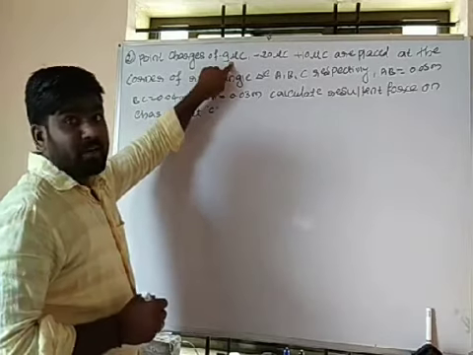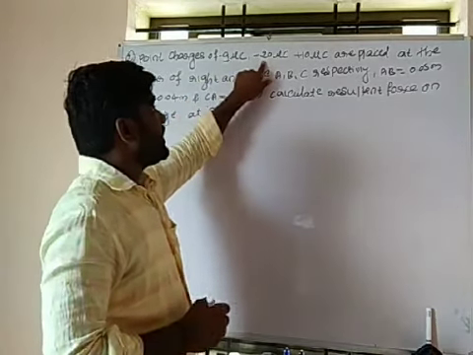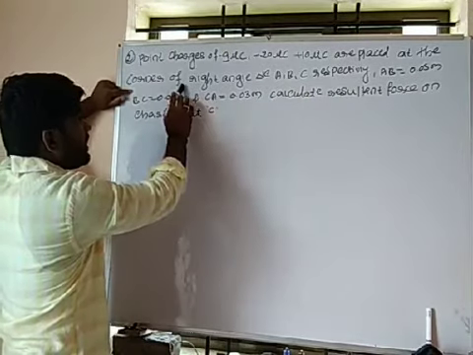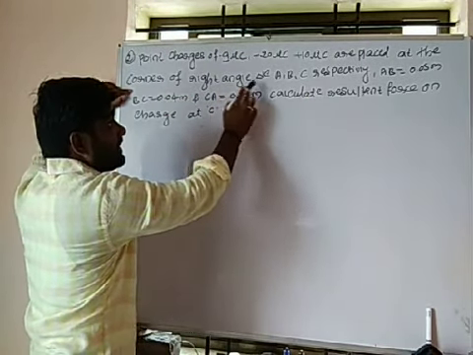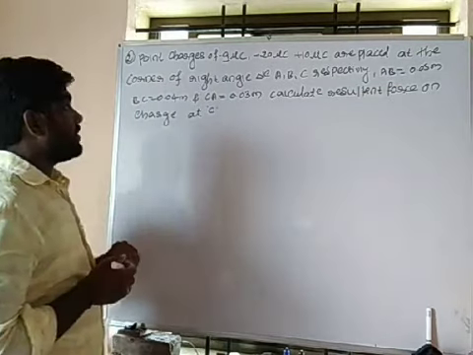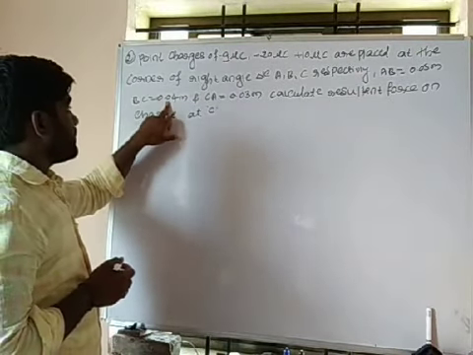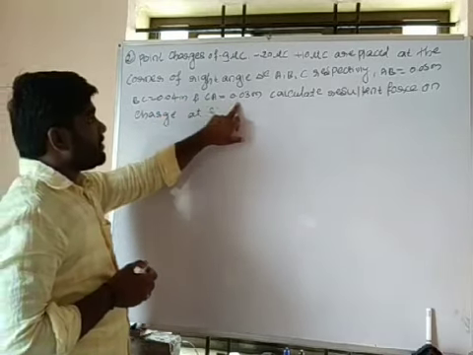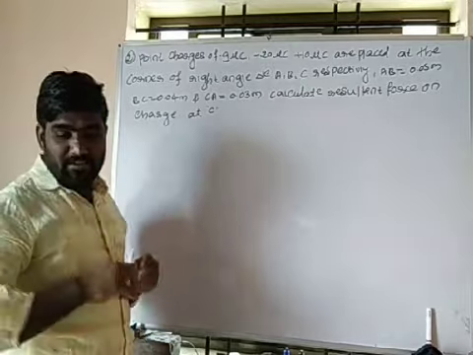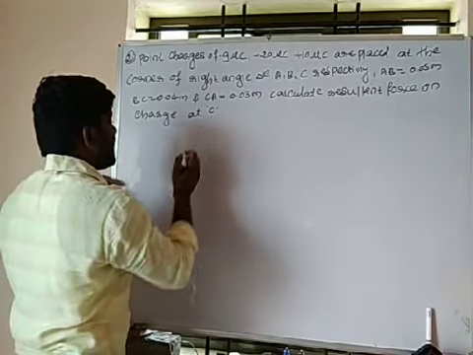Point charges of minus 9 microcoulomb, minus 20 microcoulomb, minus 10 microcoulomb are placed at the corners of right angle triangle ABC respectively. AB is equal to 0.05, BC is equal to 0.04, CA is equal to 0.03. Calculate the resultant force on C. See, a right angle triangle.